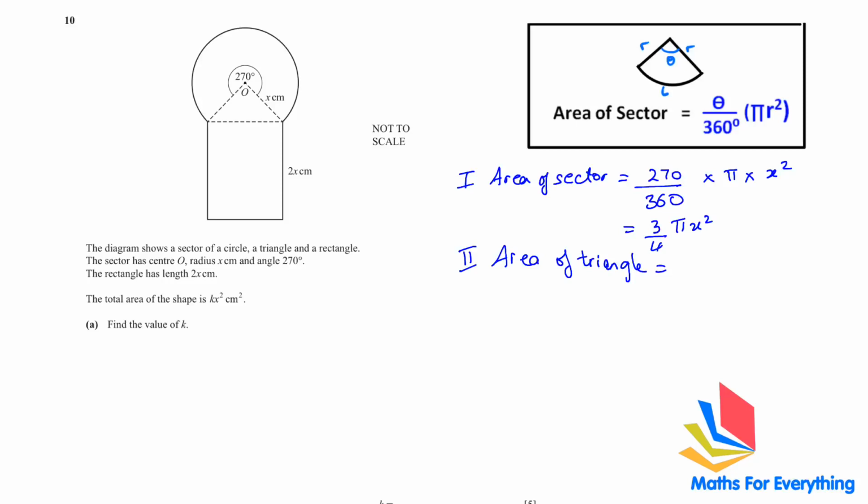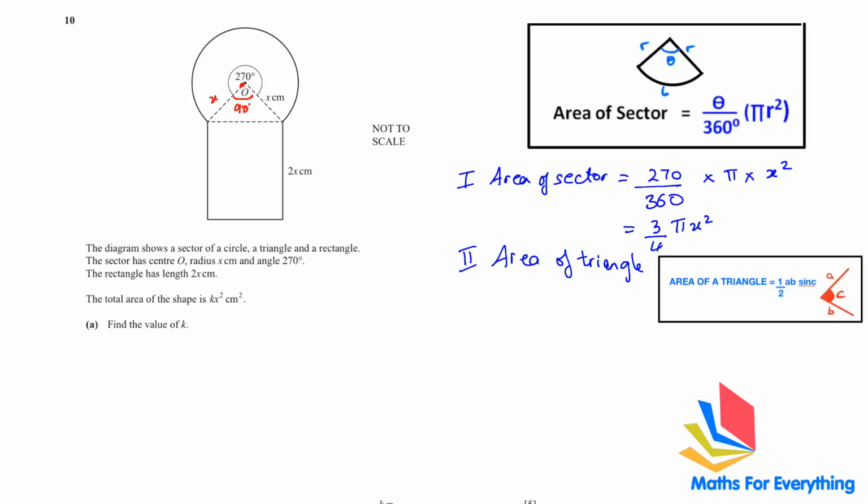First, we will find what is this angle here. You know, angle at a point is equal to 360. So 270 has been given to you. So 360 minus 270 is 90. Okay, so this is 90. And this is x, because the radius is going to be the same. We are going to use half AB sine C, if two sides and an included angle has been given.